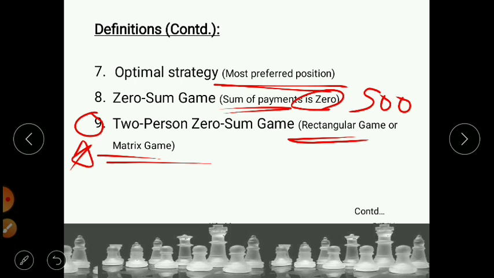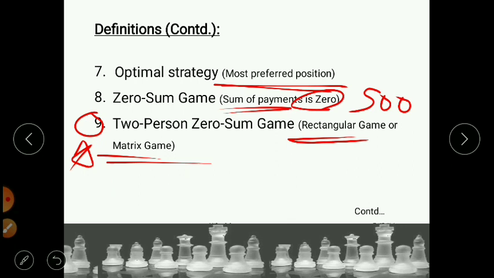Now, there are a few important characteristics of a two-person zero-sum game. Since we are going to learn this game in a little depth, we'll understand a few more characteristics. First, of course, only two persons have to be involved, strictly, and each player has a finite number of strategies to use.